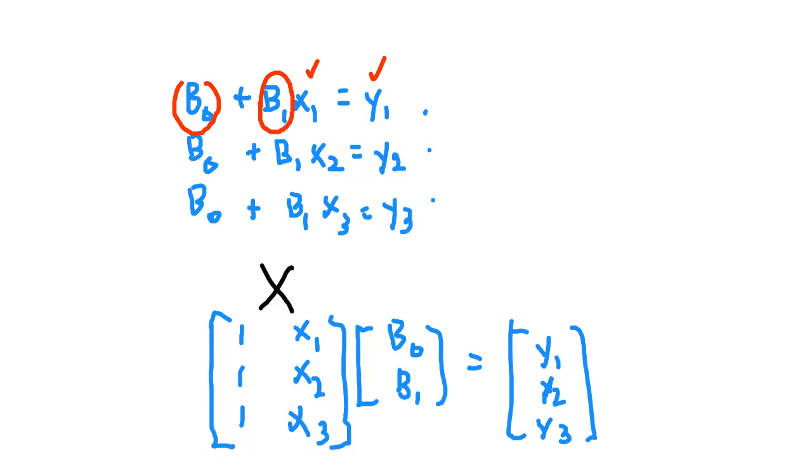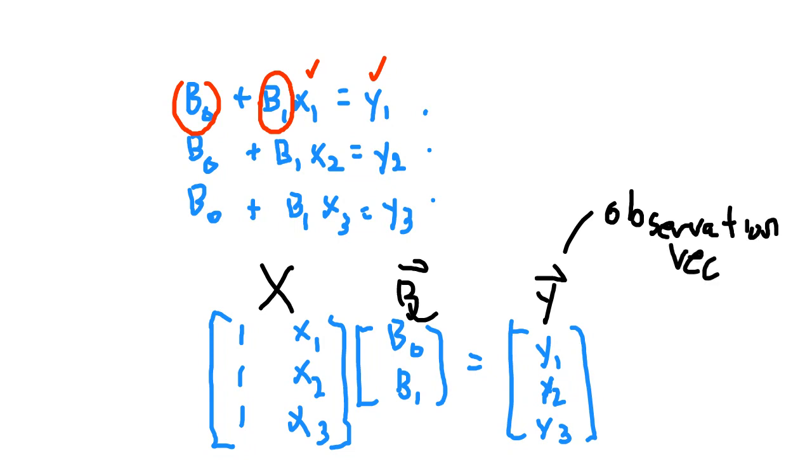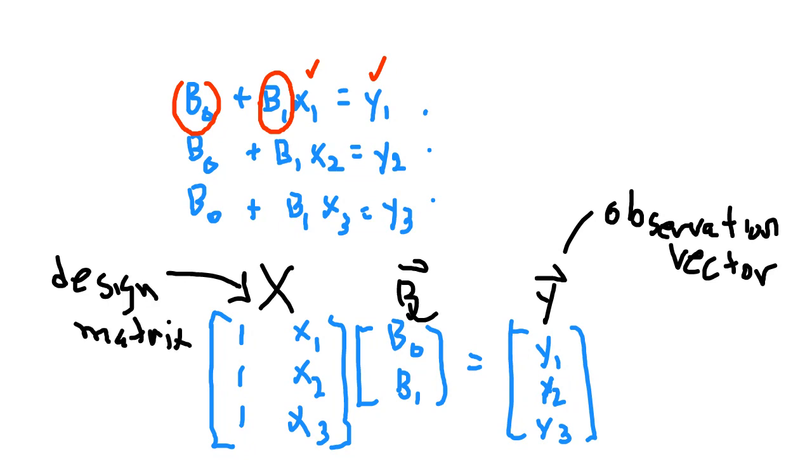This is your design matrix X. This is your parameter vector B. And this is your observation vector Y.